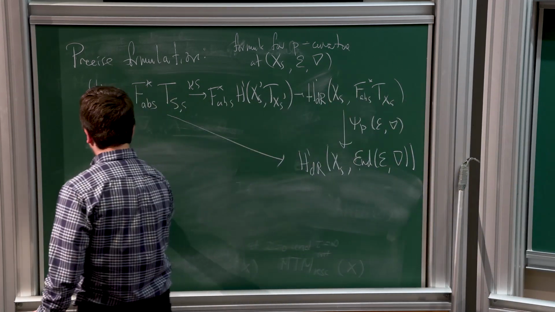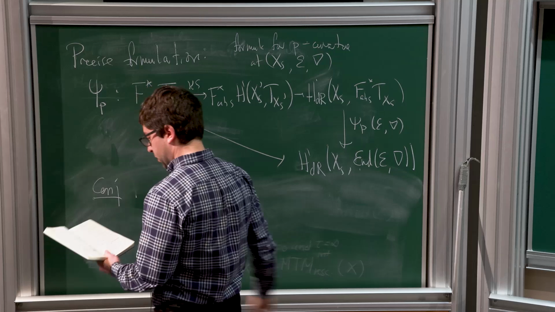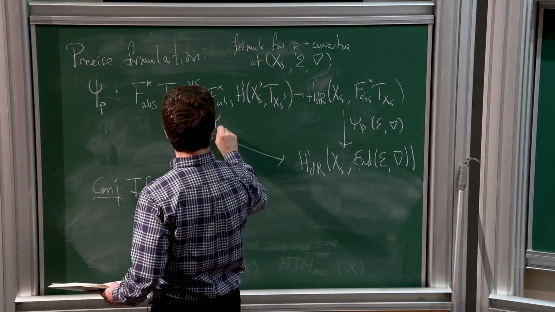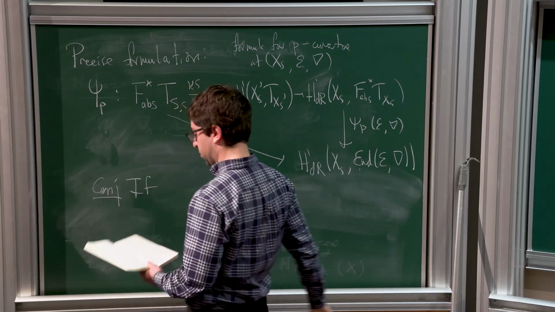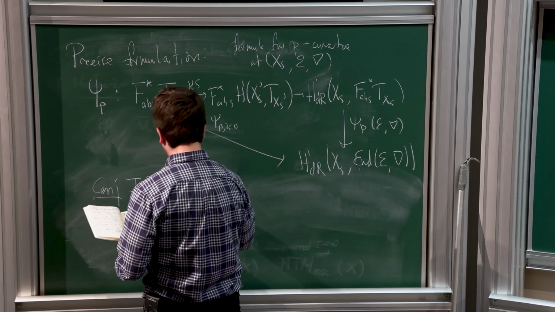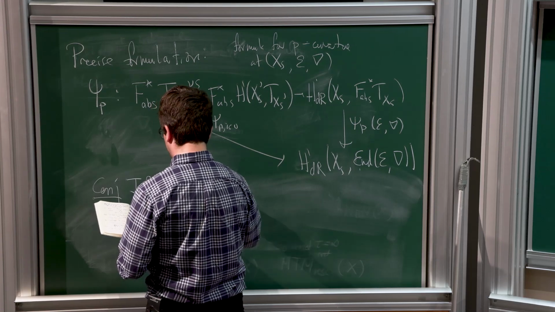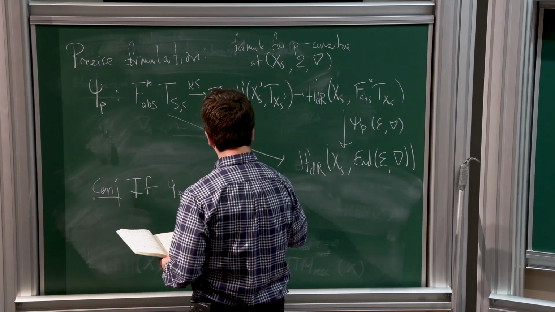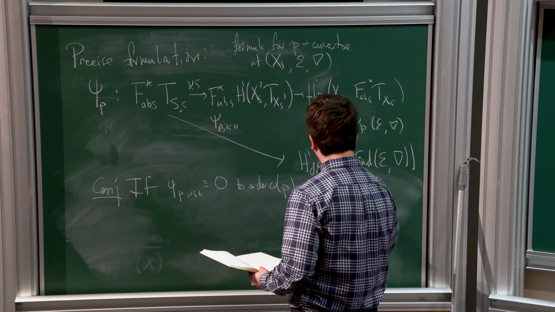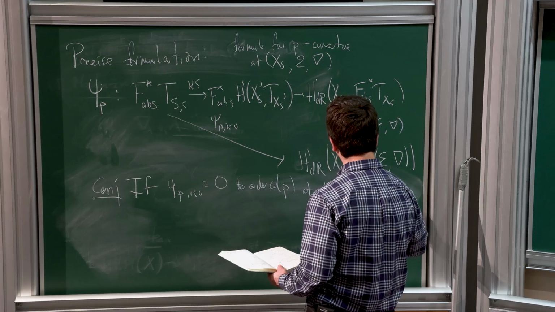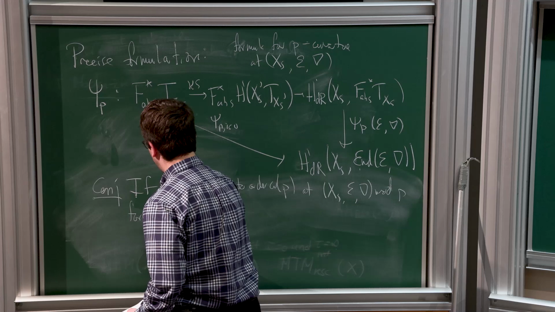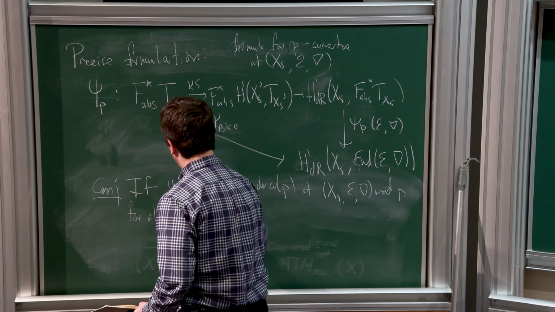And so the precise form of the conjecture is the following. Let me call this CP iso for isomonodromy. So if CP iso equals 0 to order omega p at xs, E, nabla mod p for almost all p.